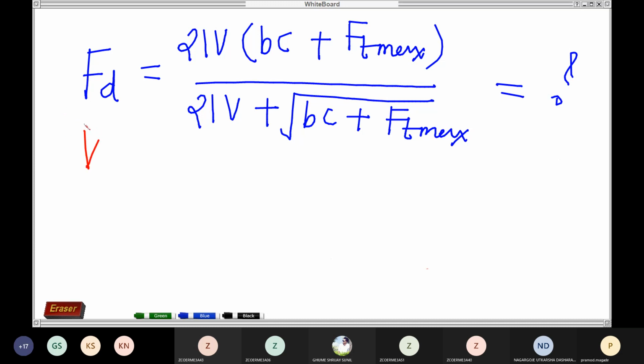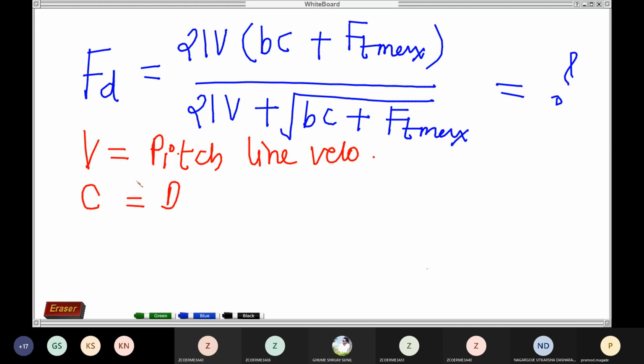As we know, write down V is pitch line velocity. Correct? Write down capital C, what is called the deformation factor.